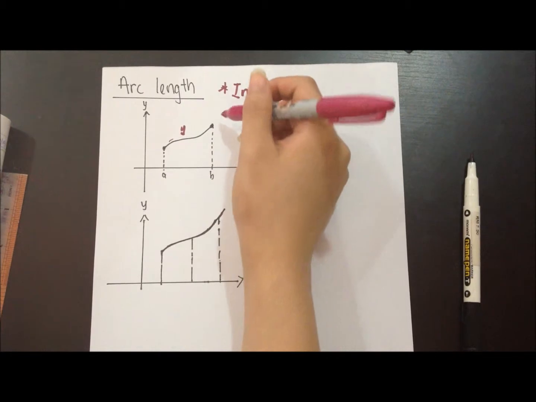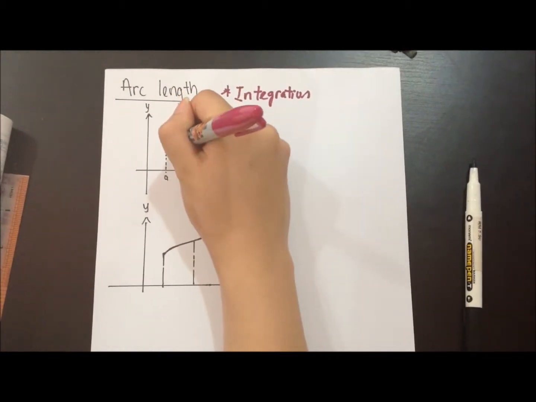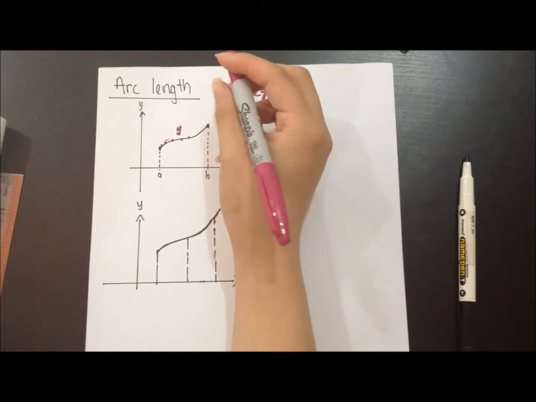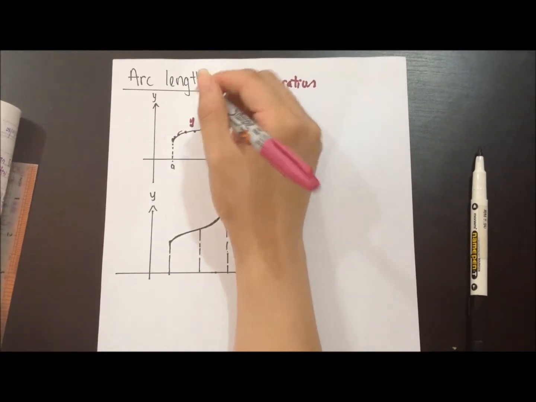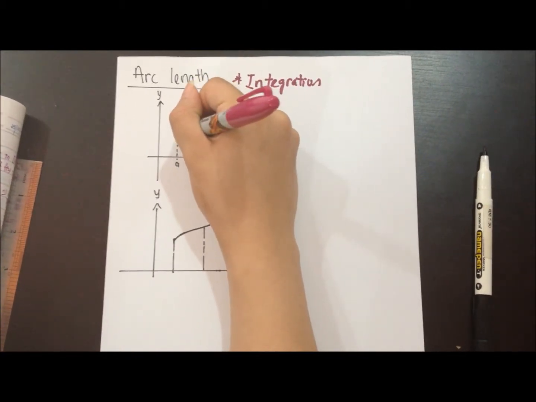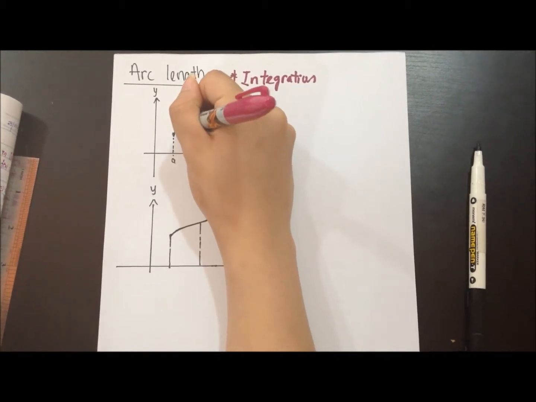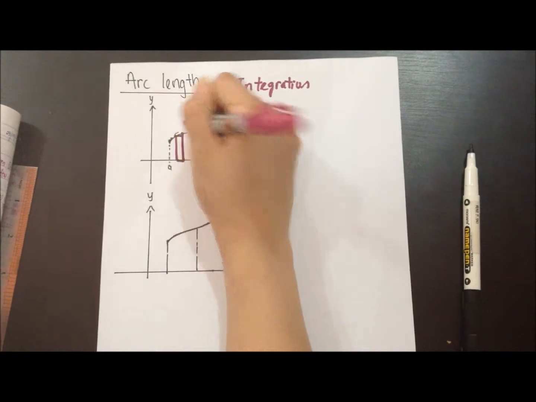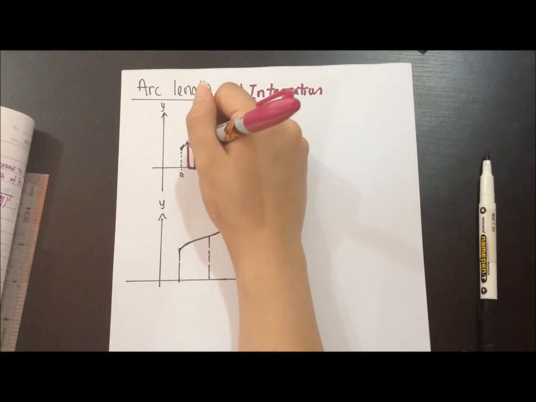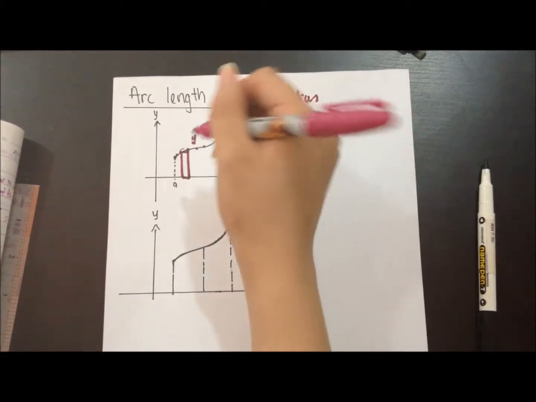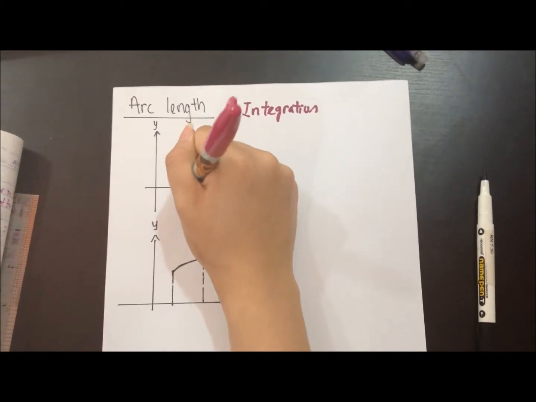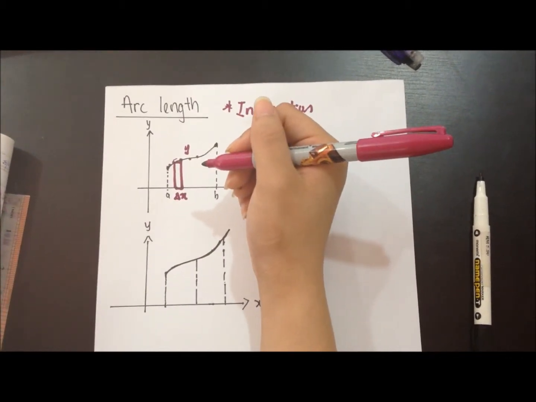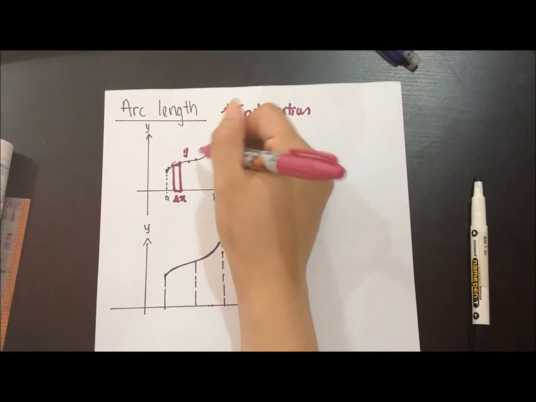The distance between a and b has a lot of small points, and every two points have a very small strip. The smaller the strip, which we'll call delta x, the more accurate the length of the curve.